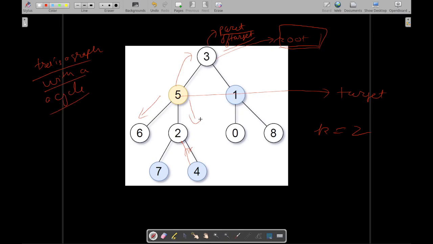So if we just make these edges bidirectional, by bidirectional I mean you can go from 2 to 4 and 4 to 2 by these direct links, so all of the edges will become bidirectional.